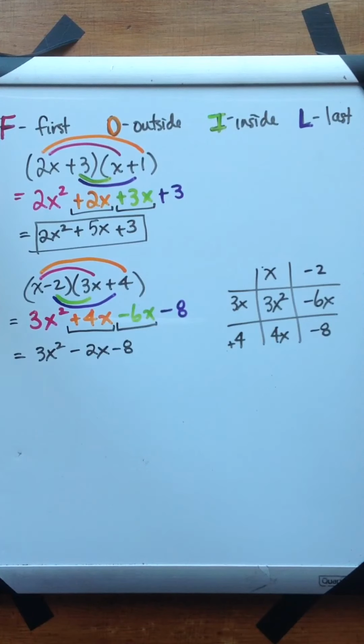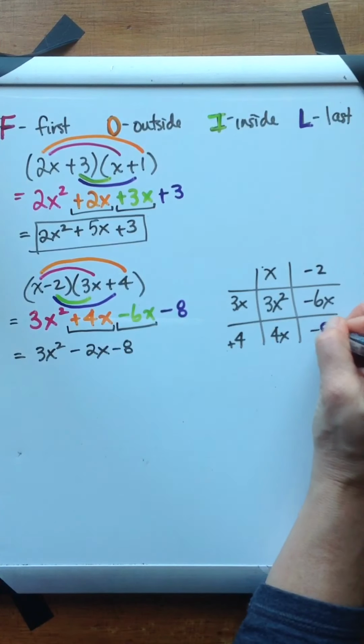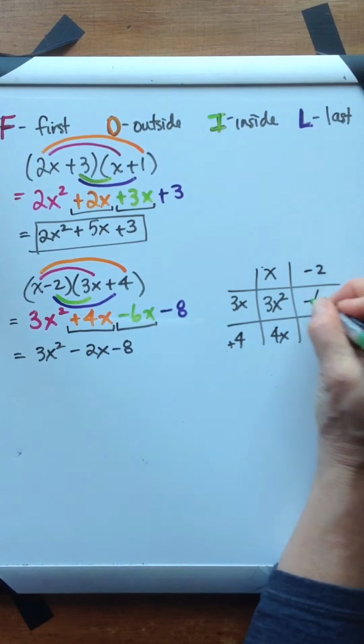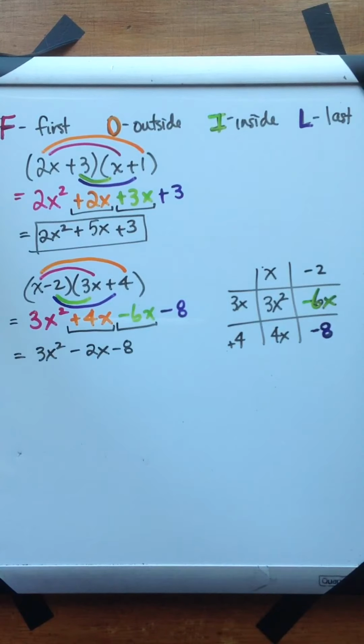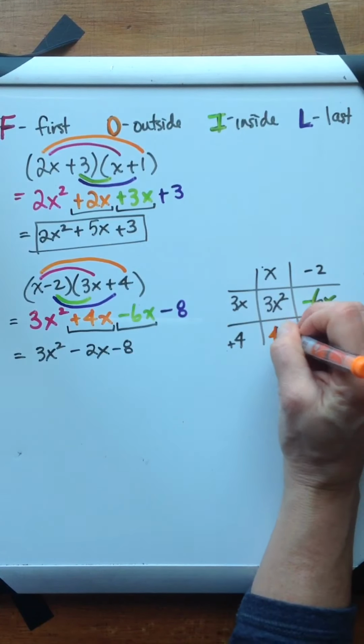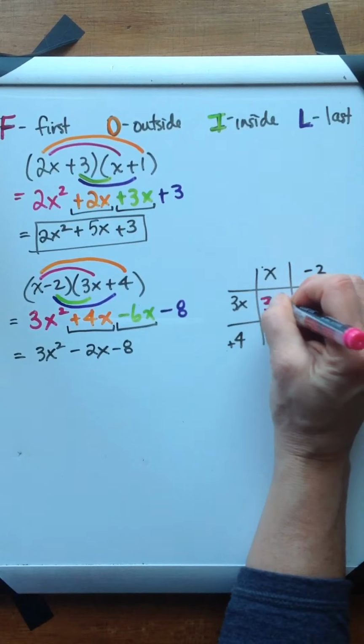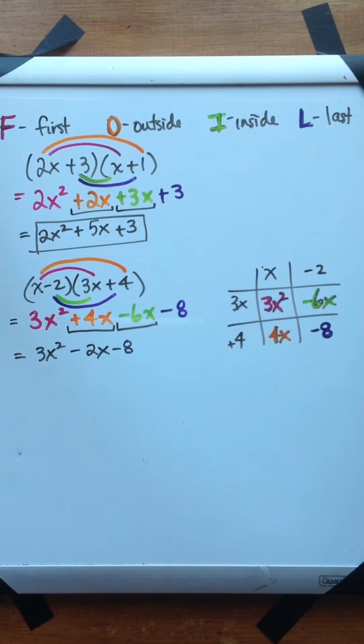And look at how that corresponds to what you have in your first, outside, inside, last way of doing it. See the color relationships of where each of those terms come from. There you go. Okay, same outcome.